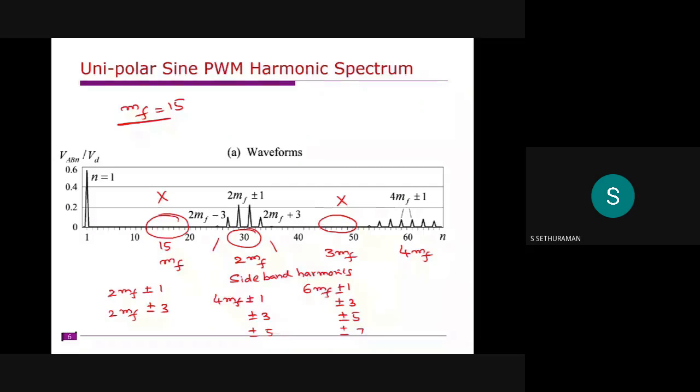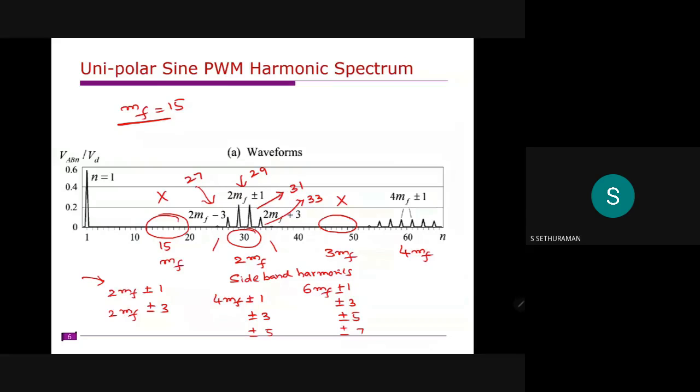Completely eliminated. So now what is the lowest order harmonic? If you consider MF equal to 15, the lowest is 2 MF minus 3, so that is the 27th order harmonic. Then we have the 29th order harmonic, the 31st order harmonic, and the 33rd order harmonic.